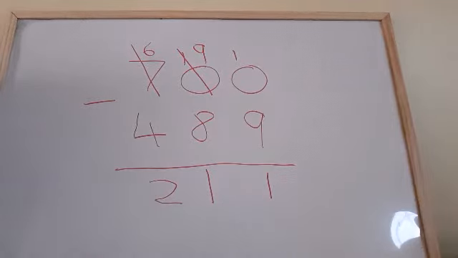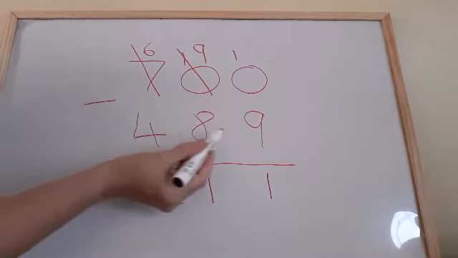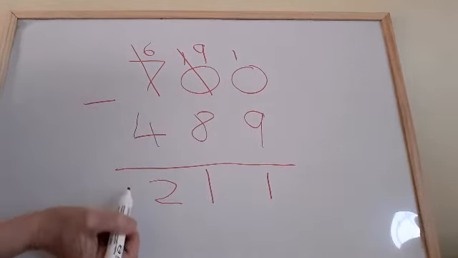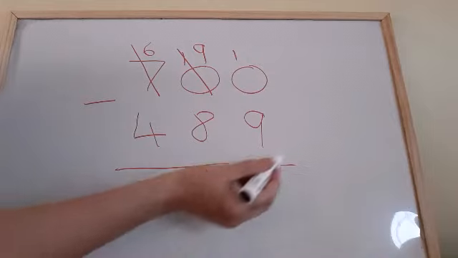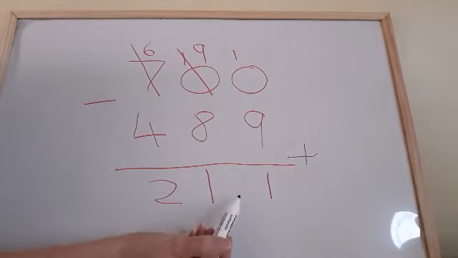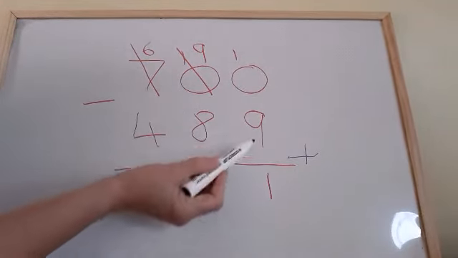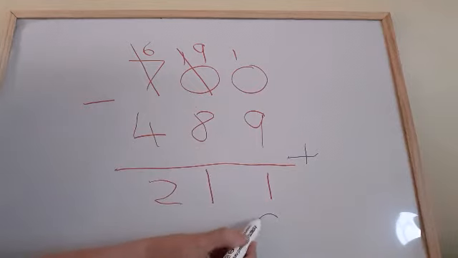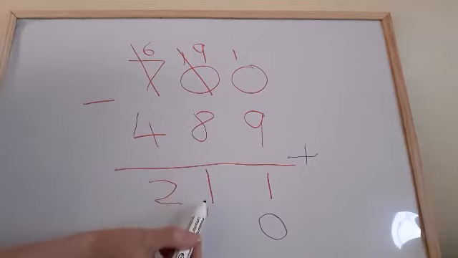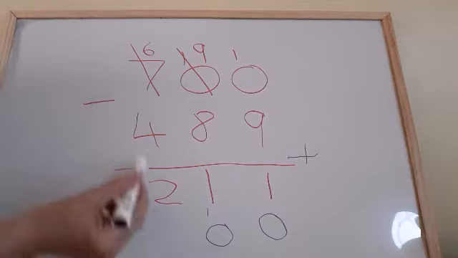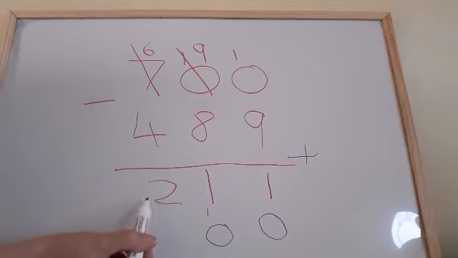Now we can do a check of this calculation to be sure that we've done it right. And what we do is we take the second row of our sum and the answer and we add them together. We should get back to the top row. So 9 and 1 is 10, 0 down, carry 1. 8 and 1 is 9 and 1 is 10, 0 down, carry 1. 4 and 2 is 6 and this one makes 7.